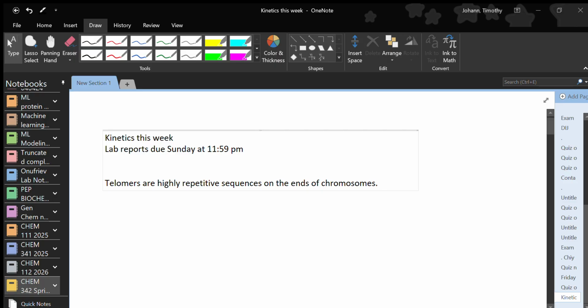So what they do is chromosomes shorten with each replication, and the telomeres are sequences that are there to be lost to protect the genes.